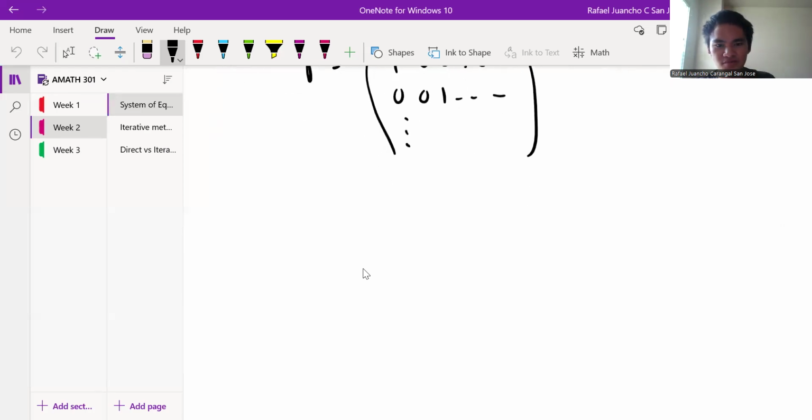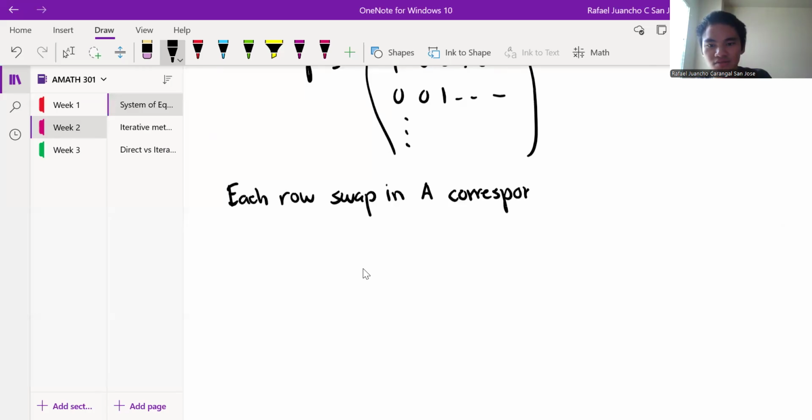Just to explain the permutation matrix a little bit more, we're saying that each row swap in A, where A is a matrix here, corresponds to a row swap in B, right?